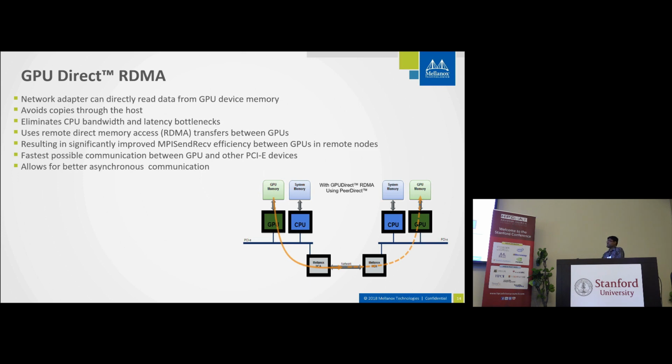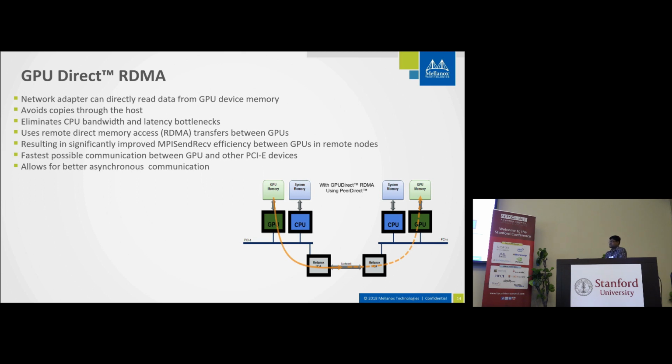It significantly reduces the MPI message latencies from local GPU to remote GPU. With InfiniBand and NVIDIA GPU, it's around 2 microseconds, compared to 20 microseconds with CPU staging. So the huge advantage is that the latency is reduced significantly.